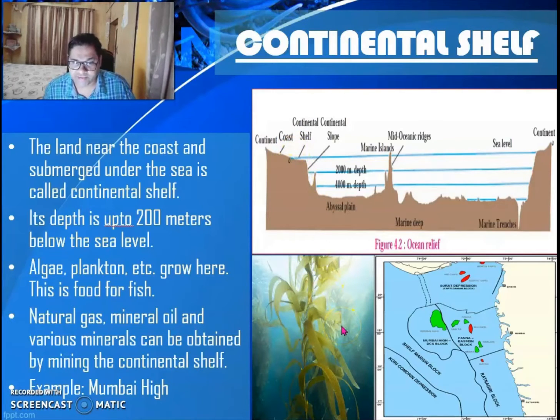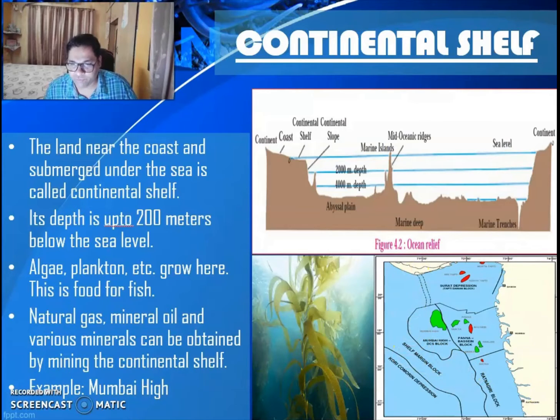Also natural gas, mineral oil and various minerals can be obtained by mining the continental shelf. When you mine the continental shelf, you find natural gas, mineral oil and various minerals. An example is Mumbai High. Mumbai High is located here.